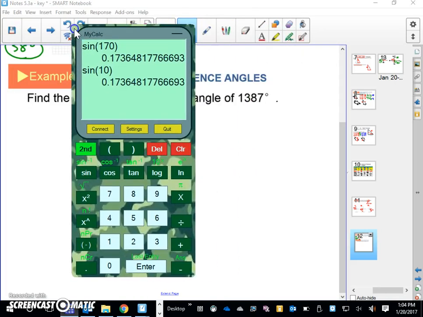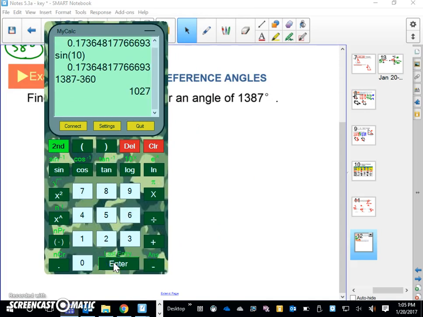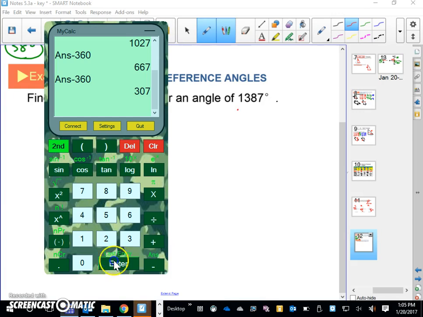We subtracted 360 a few times: 1387 minus 360, minus 360, minus 360. So 1387 is going to put us in the same position as 307. I'm not saying that 1387 equals 307. I'm saying they're coterminal. That means they end up in the same spot.